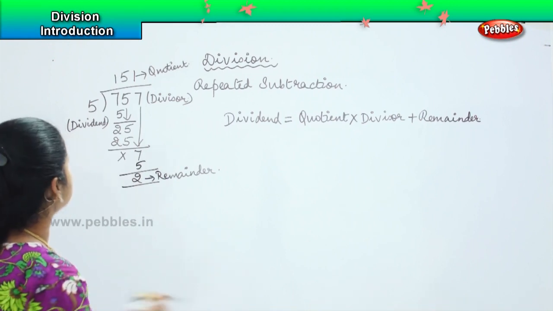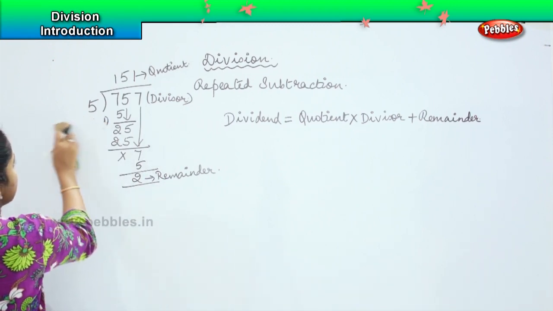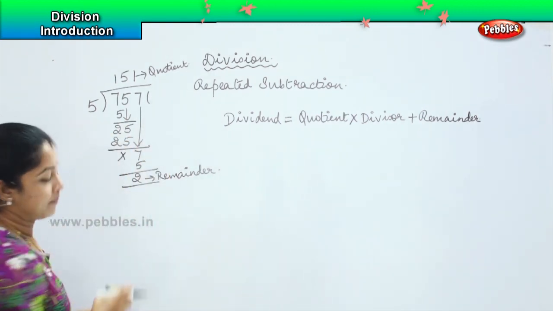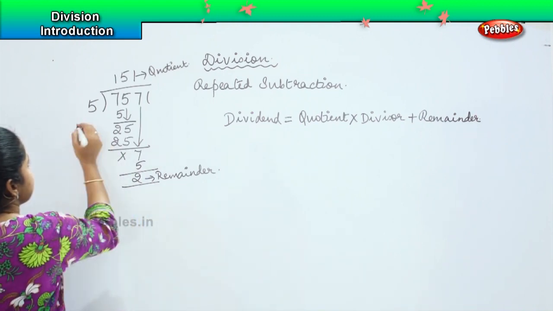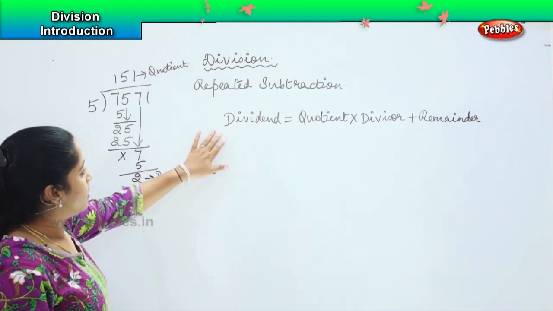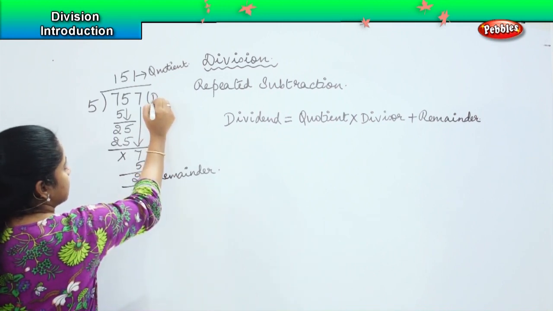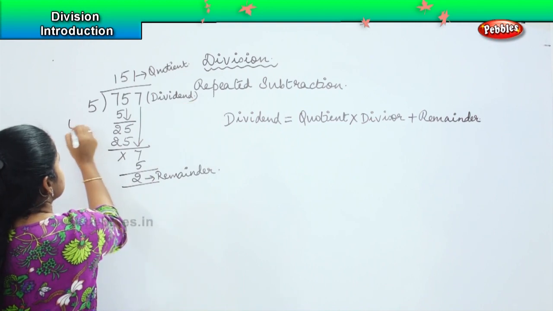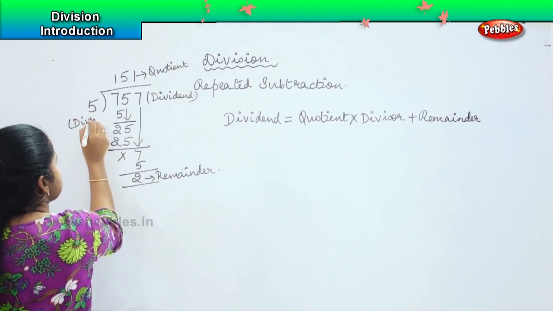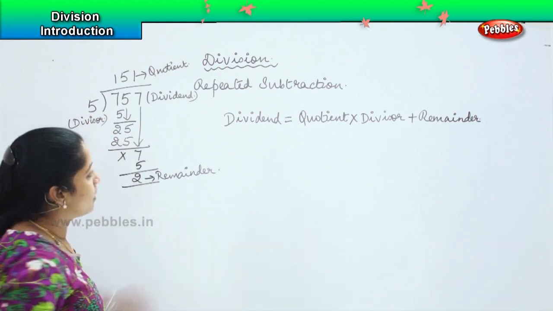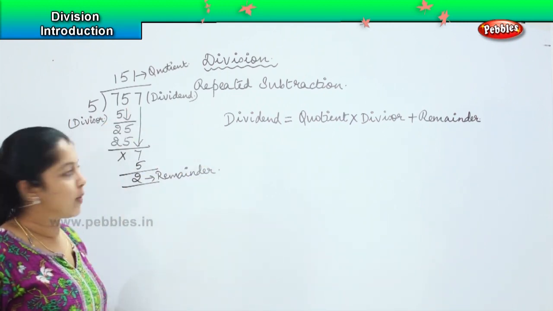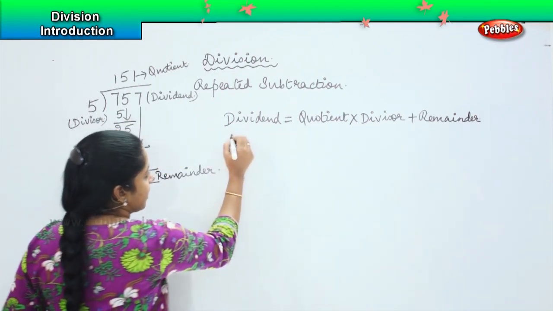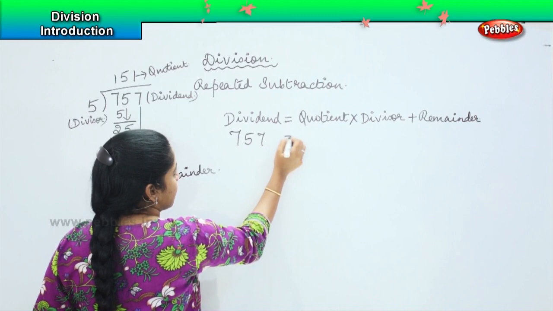One second, children. I think I made it wrong. Fine. So here dividend is this one and this is the divisor. If we want to verify whether what we have divided is correct or not, dividend is 757.